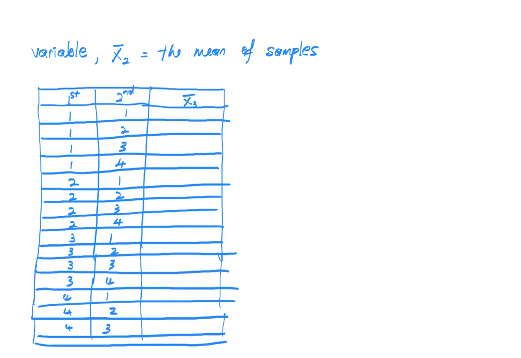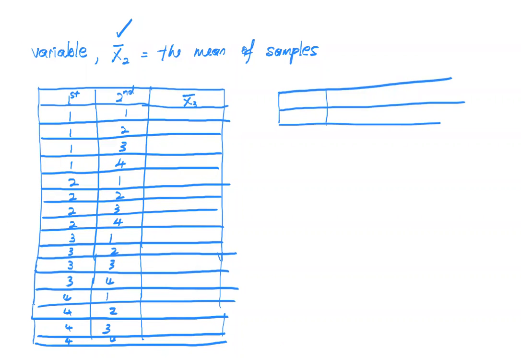For every sample you count the mean because our variable is the sample mean. Then you build a probability distribution table for the sample mean.